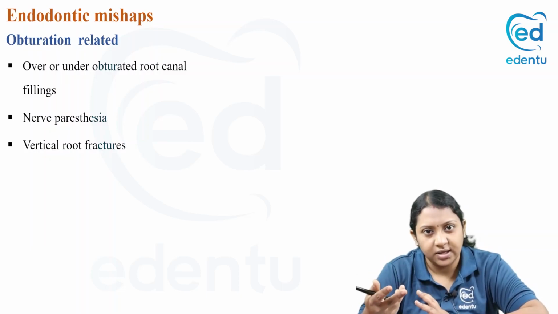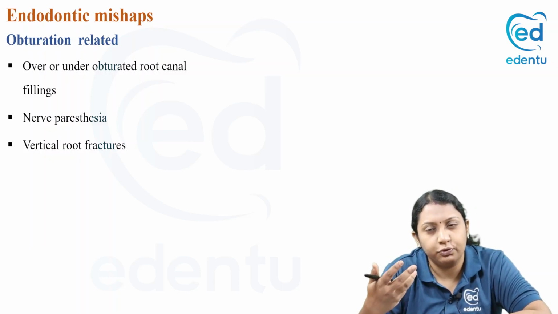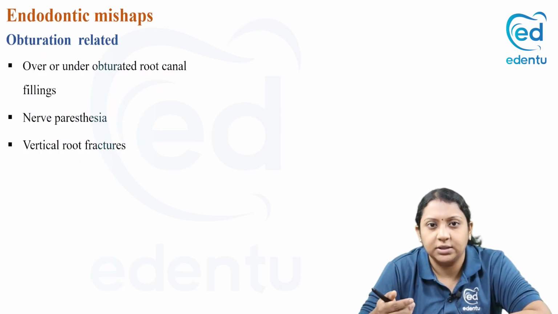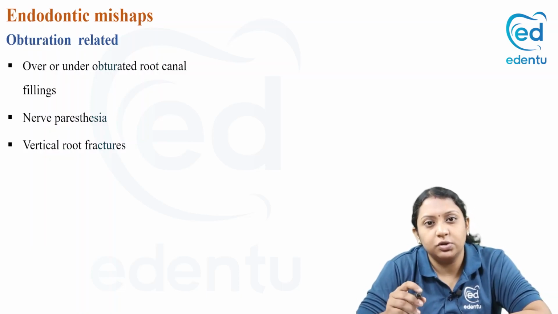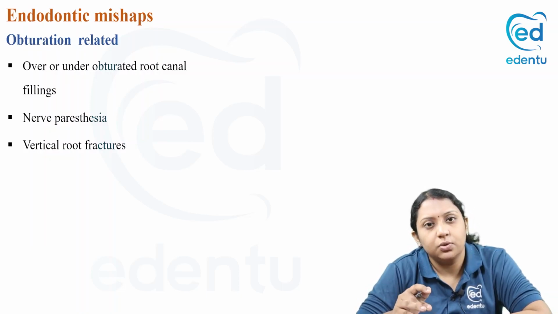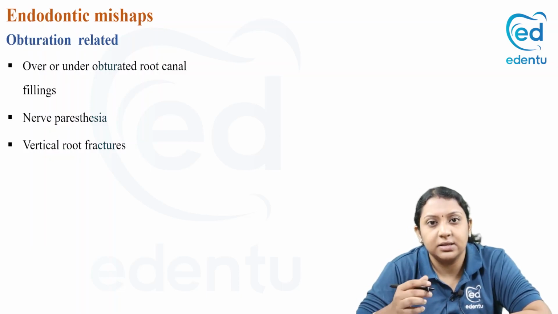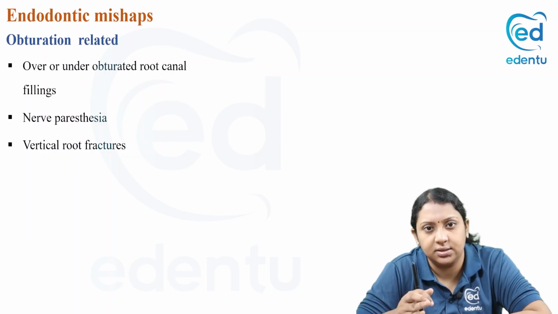So if it is overextended, it can cause periapical irritation, like if there is already a lesion below the root apex, and if already the material has extruded below, there are different types of sealers that we can use. So it depends on the sealers also. If it is a resin based sealer, it can cause more inflammation compared to a medicated sealer.